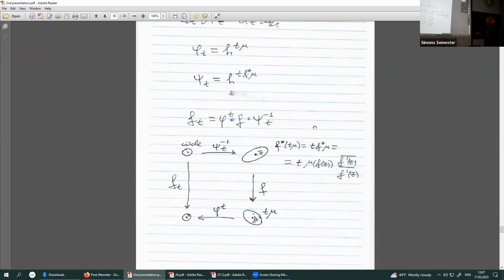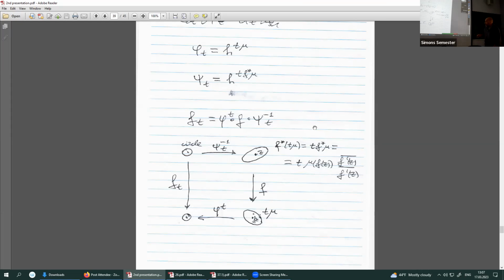Because geometrically it is clear. So psi t takes the pullback field of ellipses to circles. So the inverse takes circles to ellipses. But by the definition of pullback, the derivative of f takes this ellipse to another ellipse with dilatation mu.